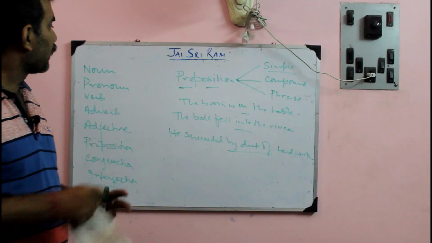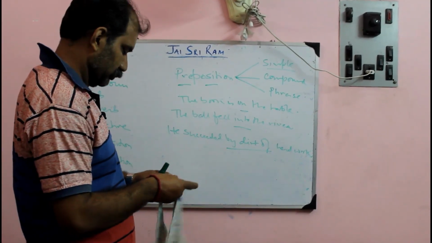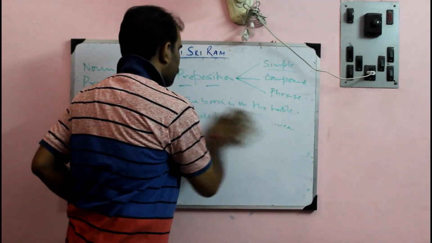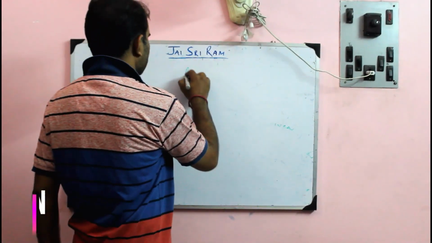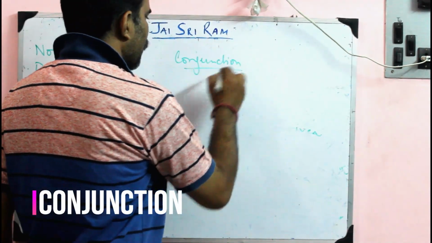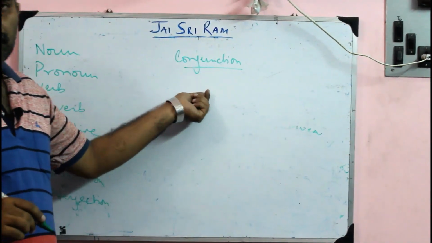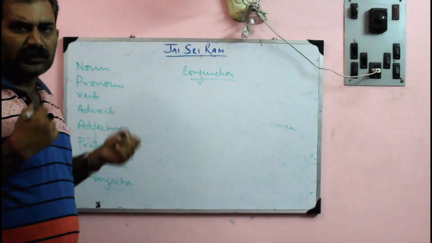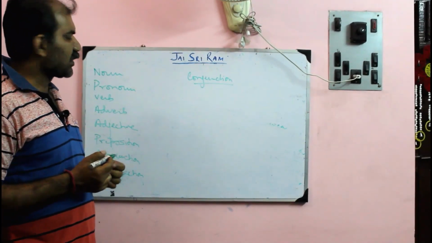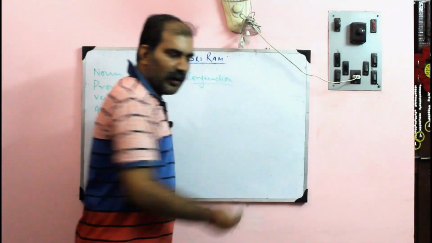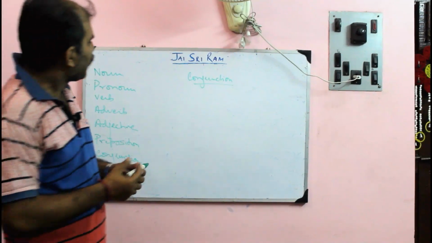Let us now take the example of a conjunction. Conjunctions are connectors or joiners. Conjunctions join two words or phrases or two sentences, and structurally conjunctions are of three types.